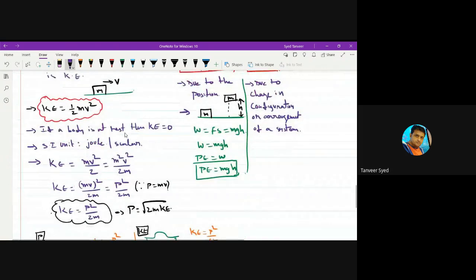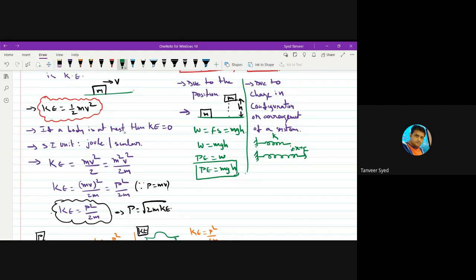How? Simple example. Let us take a spring. This is a spring of constant k. We have discussed what a spring constant is. Now, if I stretch or elongate this spring, I should apply force. Suppose I have applied force in this direction, and its elongation is some x. Then I am doing work on the spring.